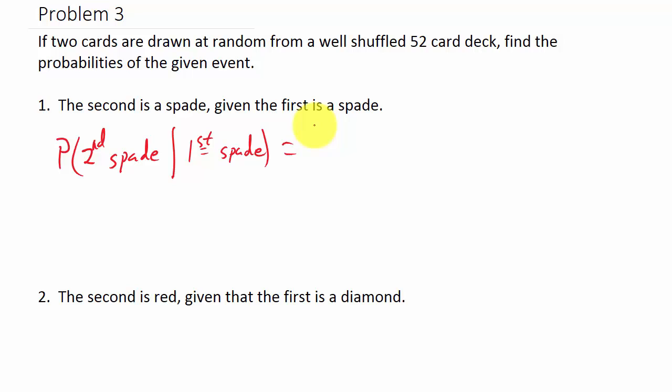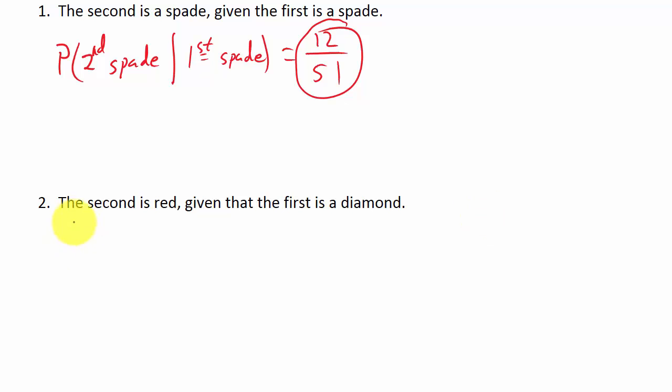And if that first card was a spade, then when we draw that second card, there's only 12 spades. And since that first card's out, how many cards are left in the deck? 51. And so here's our probability. And you can punch that into your calculator if you want to. That's fine.